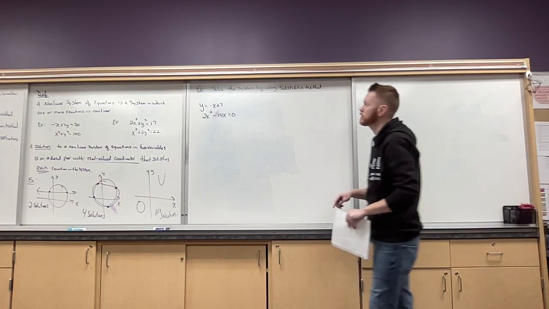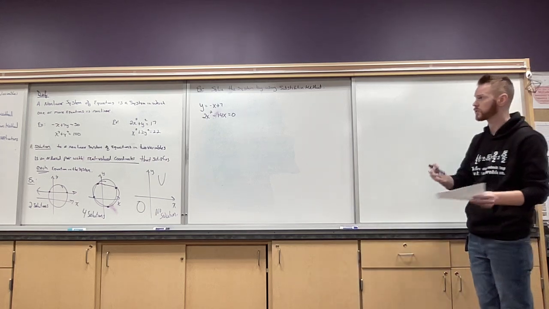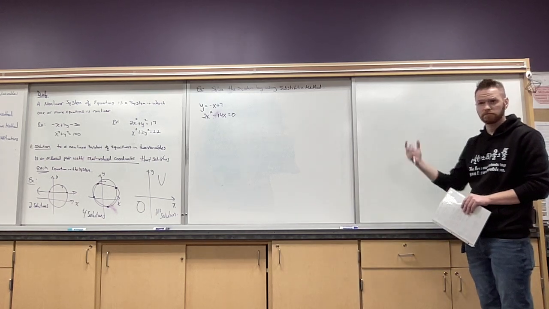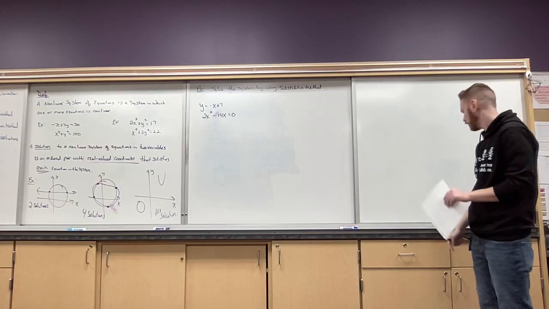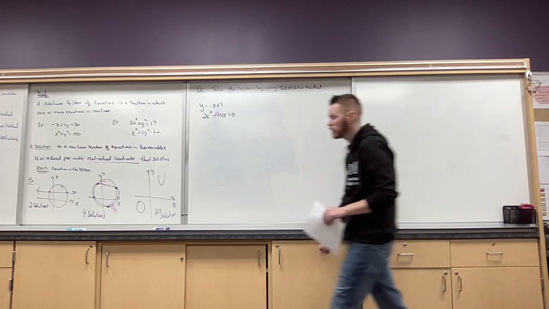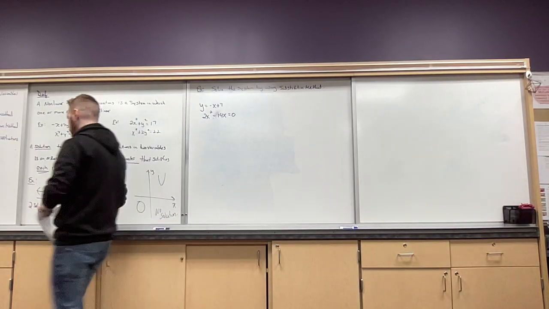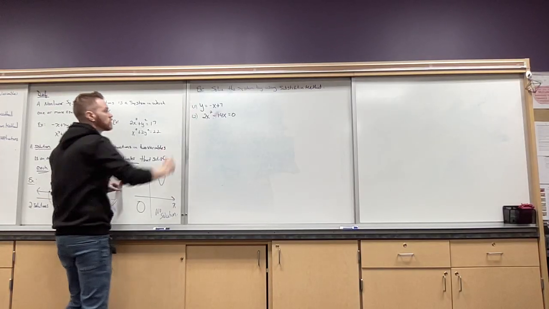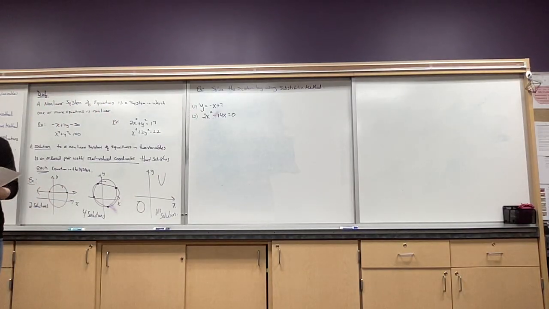Now for substitution method, just like with the linear stuff, look at an equation and solve for a variable, sub it into the other one. Well, we kind of lucked out here. Isn't one of my equations already solved for a variable? I think it is, huh? So looking up here, I can see that equation 1 is already solved for y. So let's just use it.